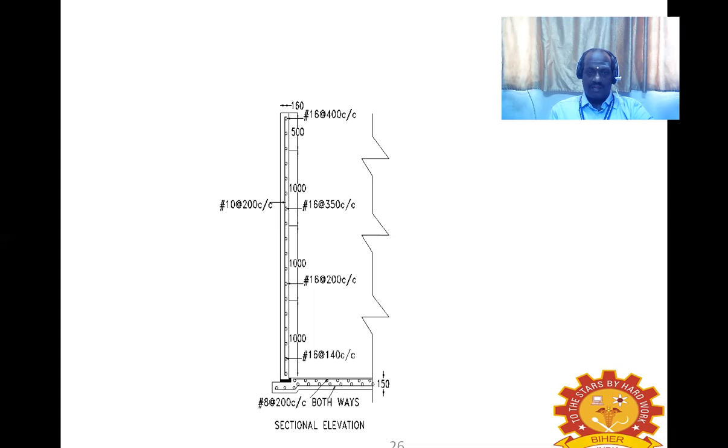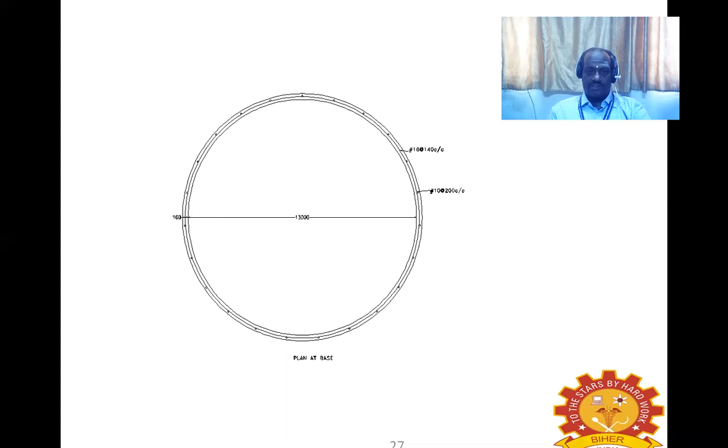So all the details have been shown in the picture. Next, this is the plan showing the circular tank. The diameter, whatever we have arrived at, is 13 meters, so that has been given. And the thickness of the wall is 160. And also our hoop bar, the circular bar, has been shown here.